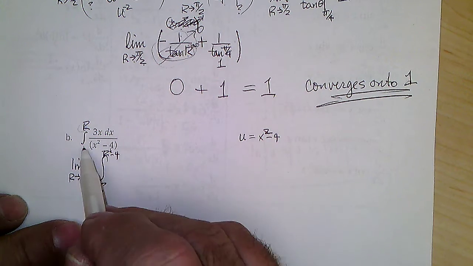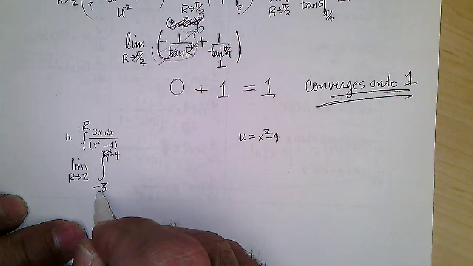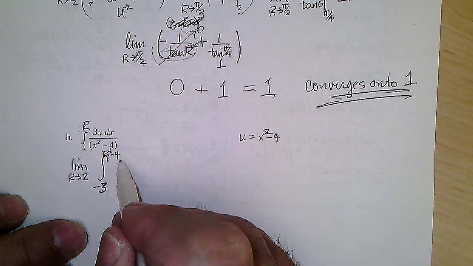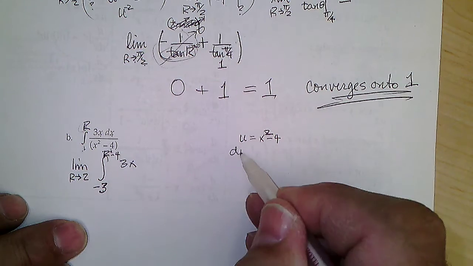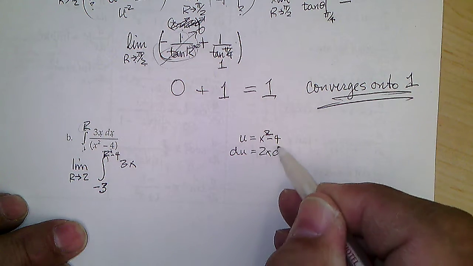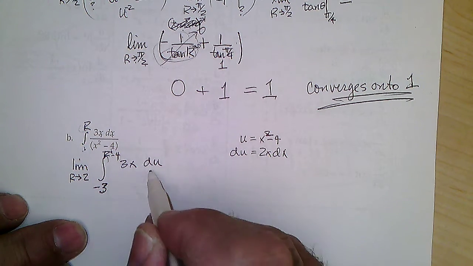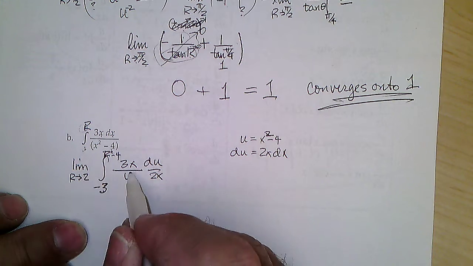And for the 1, that'd be 1 minus 4 is negative 3. And this would be 3x dx is du over 2x. And this was my u.